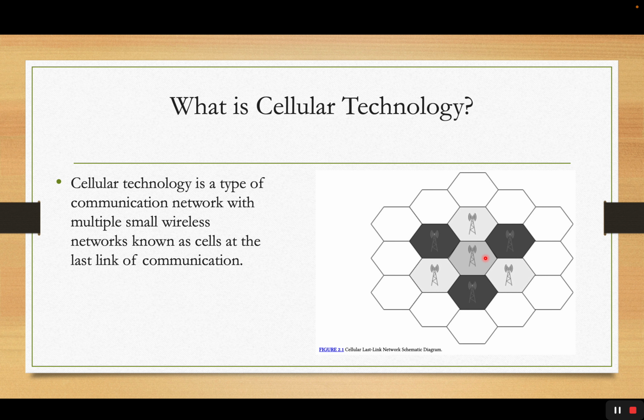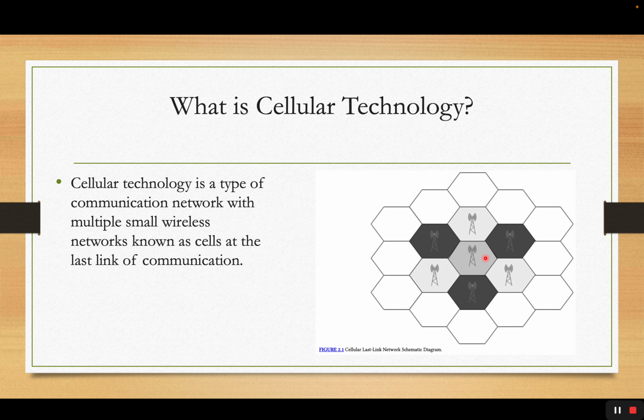The frequency band is divided into multiple channels to carry voice and data. The frequency is reused in cells next to each other with particular design patterns so that the same frequencies do not create interference in the network.